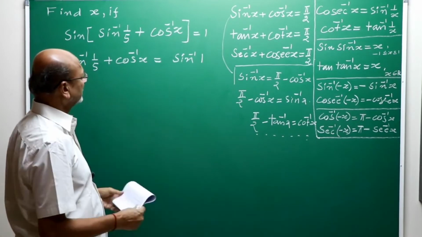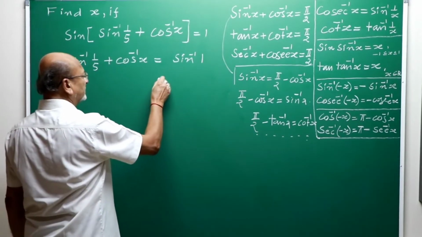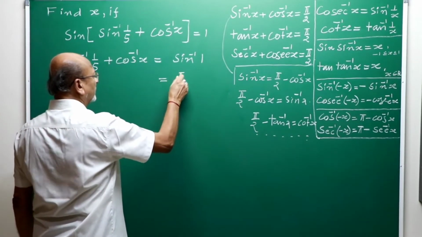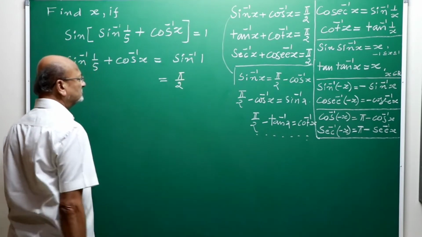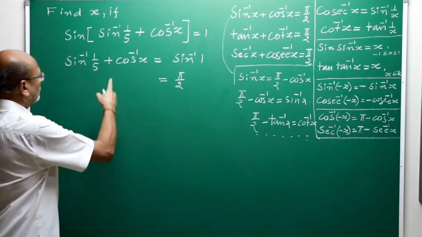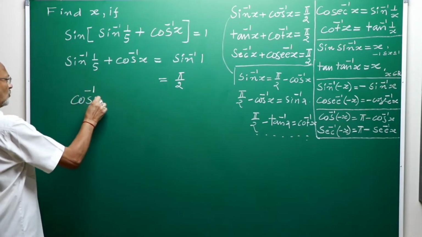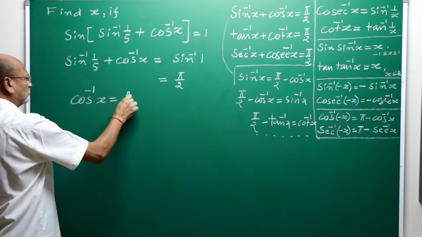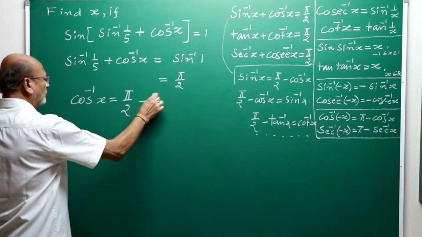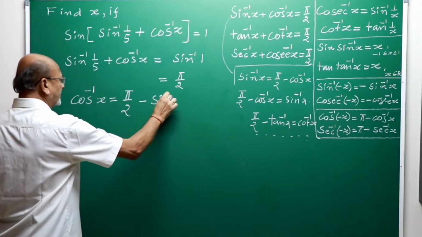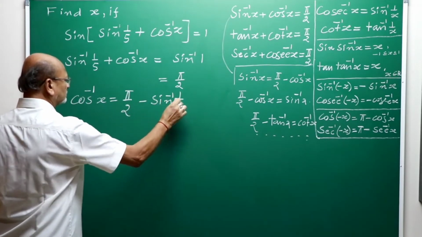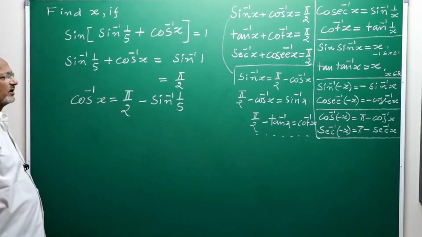Taking this side it is sine inverse 1. What is sine inverse 1? It is an angle, pi by 2. Now, send that side. Cos inverse x equal to pi by 2 minus sine inverse 1 by 5.